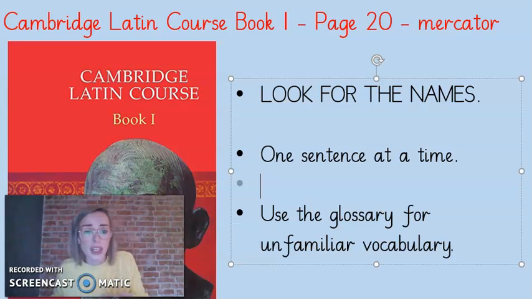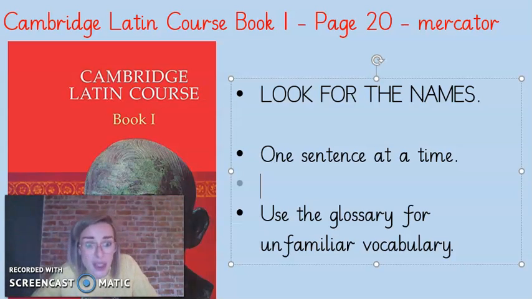We can tell that they are names because they have capital letters. So on your photocopy, you might want to underline or circle or highlight all the words that are names. You know that you don't need to translate those. The top word that you will need for today is mercator, which means merchant, somebody who sells something.